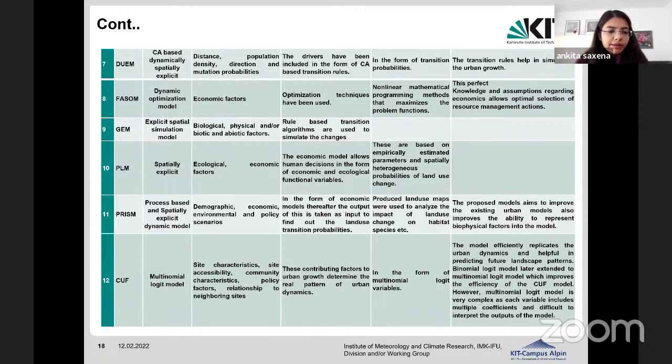And PRISM is another model which considers many demographic, economic, environmental and policy factors. Policy is another major aspect considered for designing sophisticated urban growth models, because policy reflects our future scenarios and future implications.